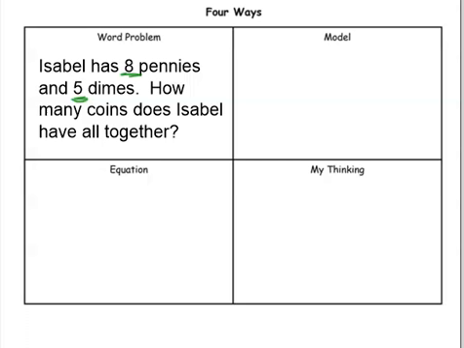So can we model this? We have to think about what's the best way to model it. So I happen to have some coins here. So how about if we use some pennies and dimes? Does everybody remember what a penny looks like? There are pennies.